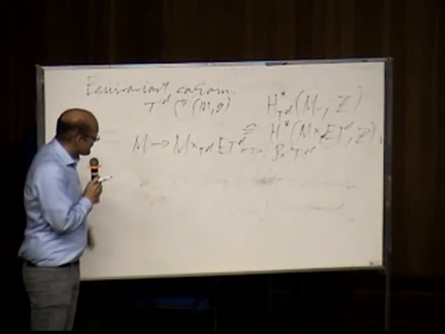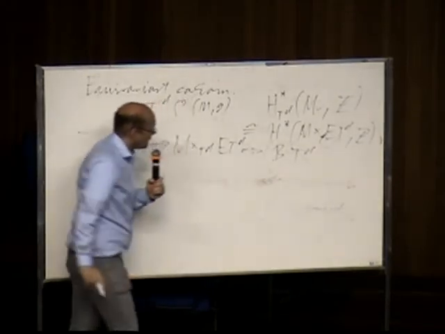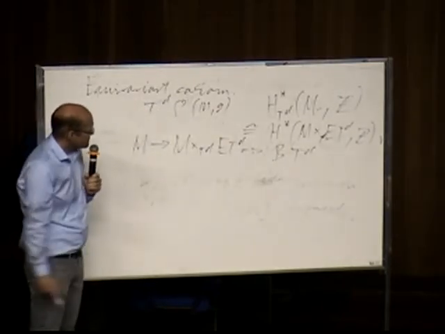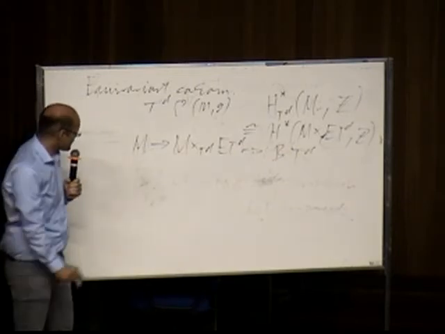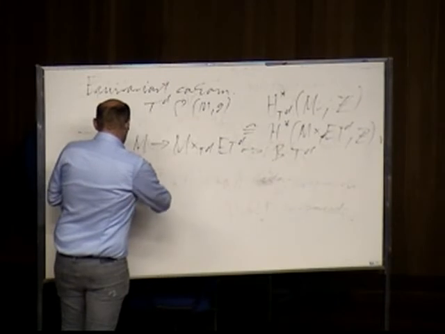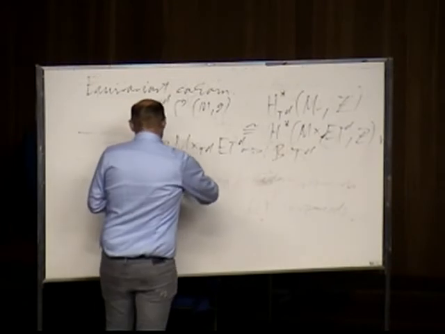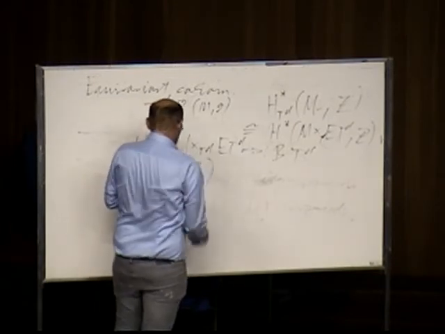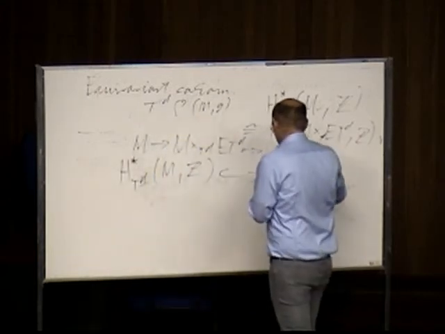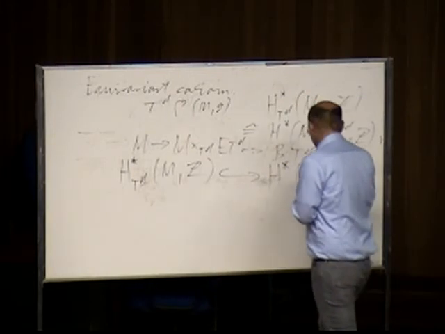So often one can bring oneself into a situation where one has a torus action for which the spectral sequence degenerates, and then the equivariant cohomology ring of the manifold injects into the equivariant cohomology of the fixed point set.